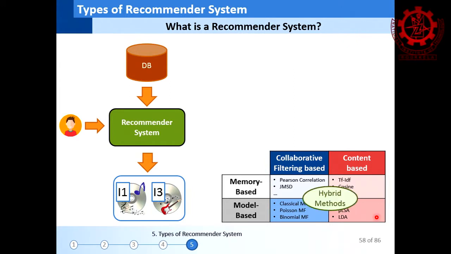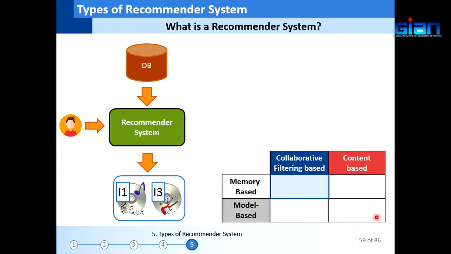Obviously, there are hybrid methods that try to combine these 4 kinds of cells. So we are going to start thinking about a collaborative filtering-based recommender system, which is also based on memory.